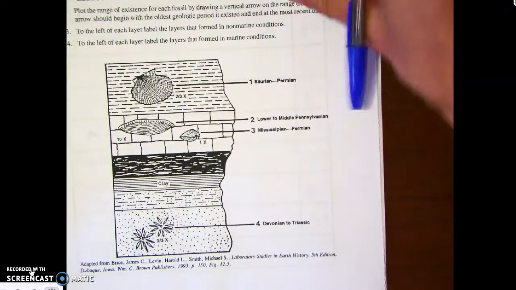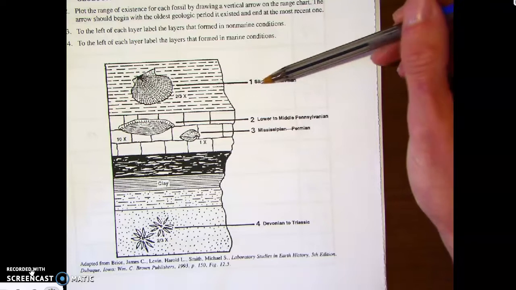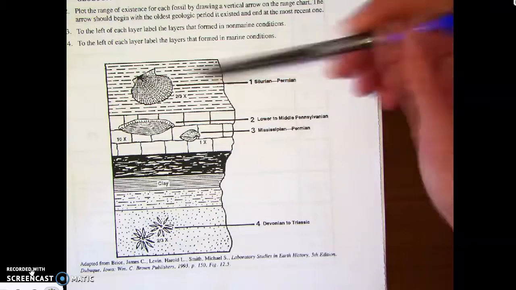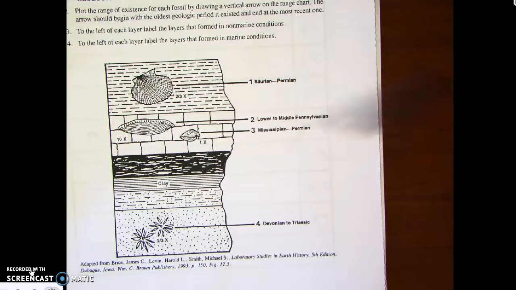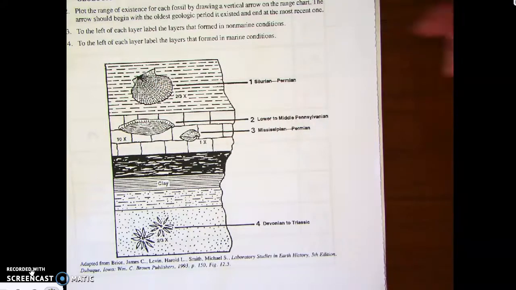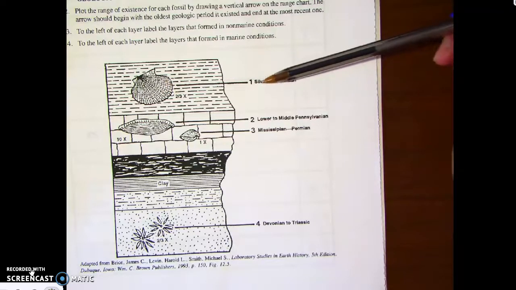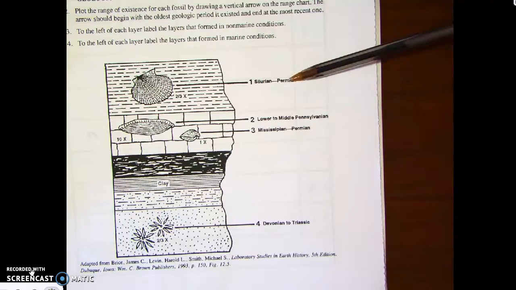But as far as the lab goes, this is telling you the time range that these different creatures existed for. So all 4 of these organisms are now extinct. And this is saying that, for example, the Palicoderm lived from the Silurian time through to the Permian time.